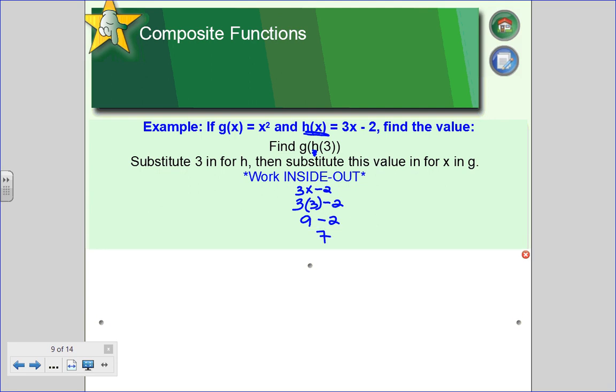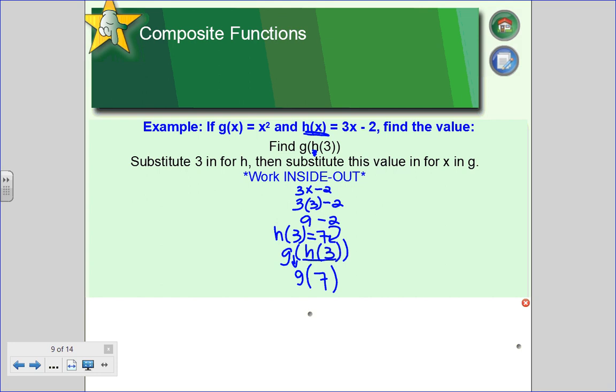So 7 is the value for h of 3. Once you find the value for h of 3, remember we started with g of h of 3, we're going to replace this whole h of 3 with 7 and bring down this g.